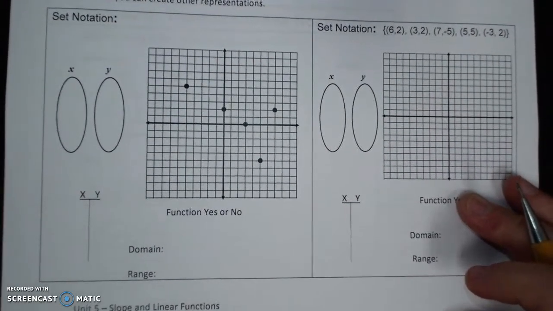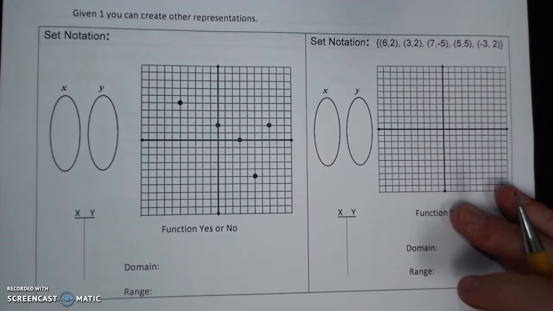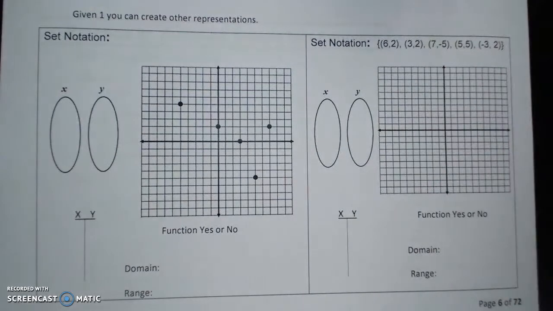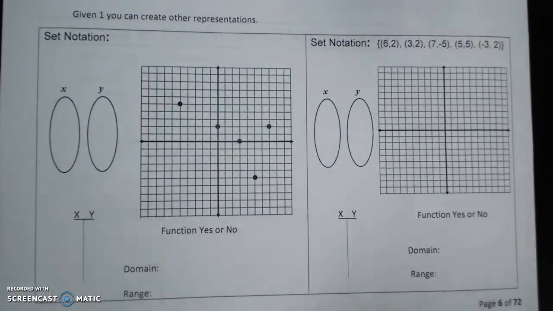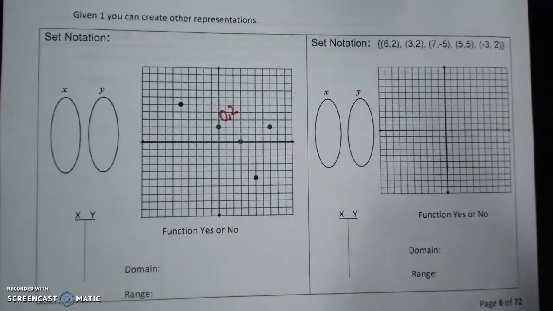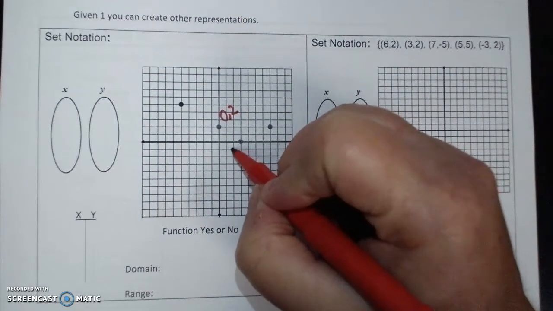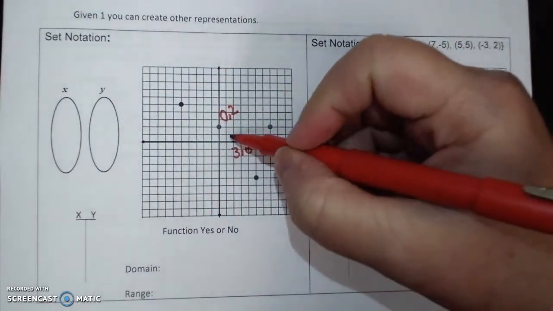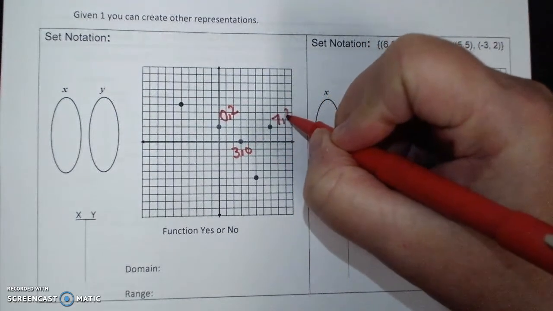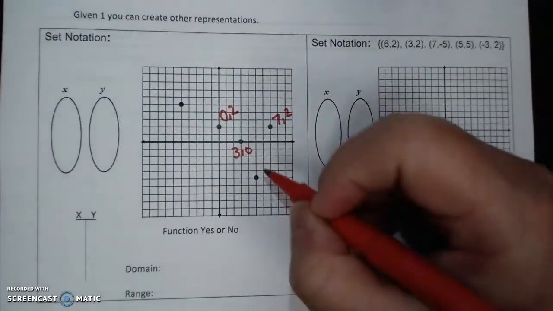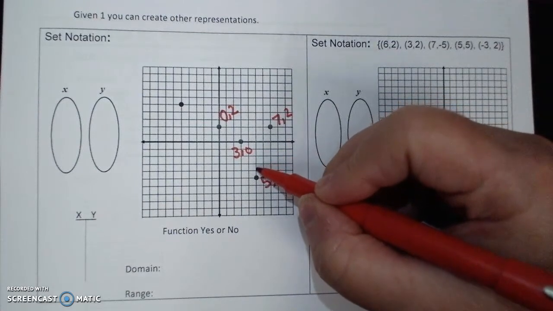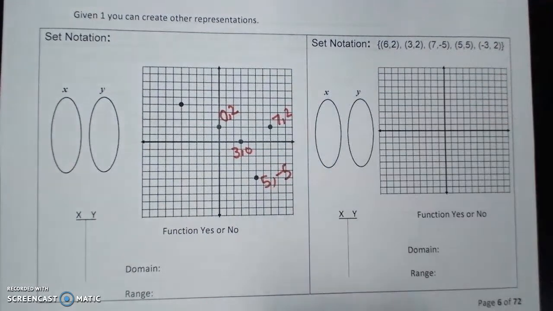So the interesting thing is if you're given one representation, you can do them all. So on here, my points are, this one is (0,2). This one is (3,0). This is (7,2). This is (5,-5).